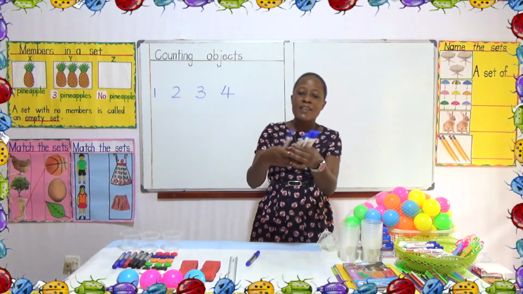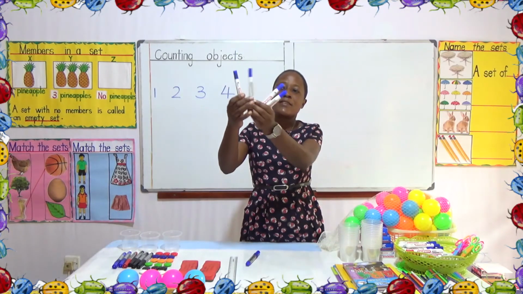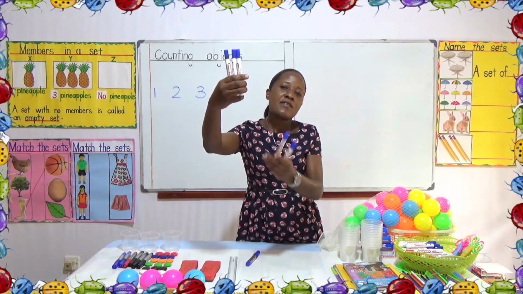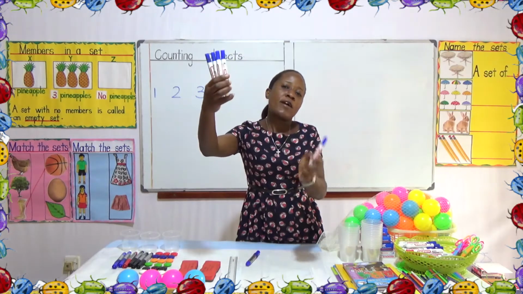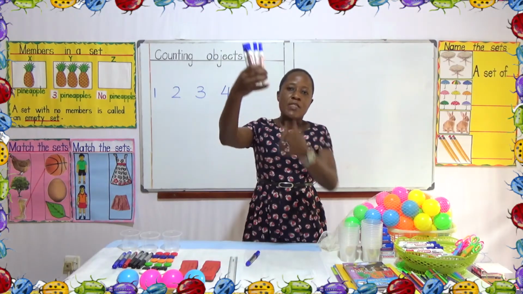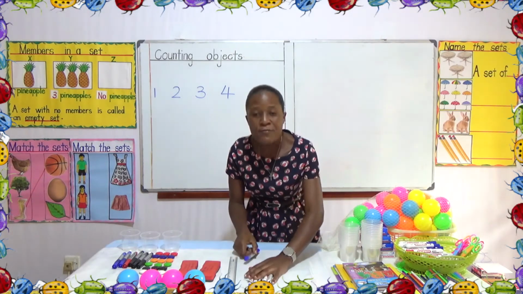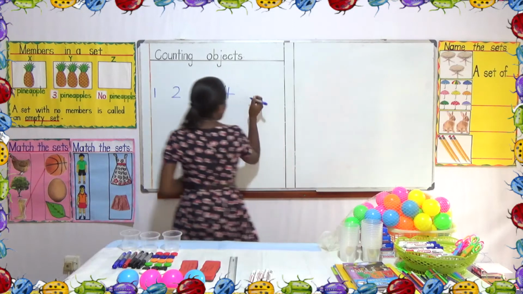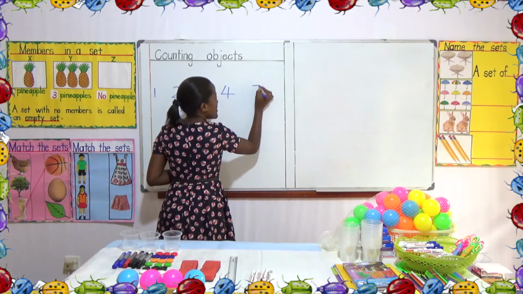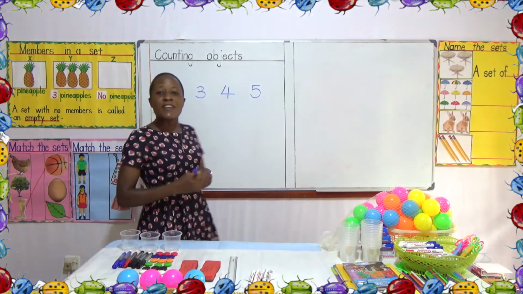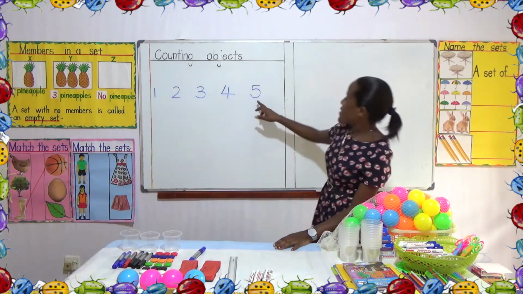We count again. 1, 2, 3, 4, and 5. They are 5 markers. How do we write 5? 5 is written just like this. Have you seen? That is number 5.